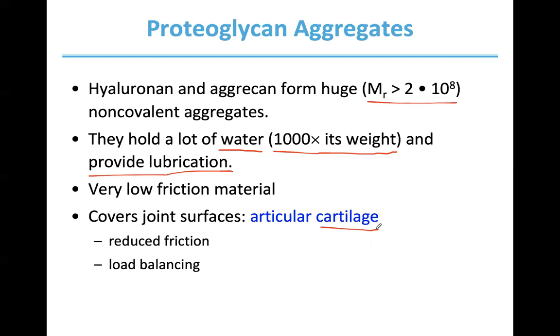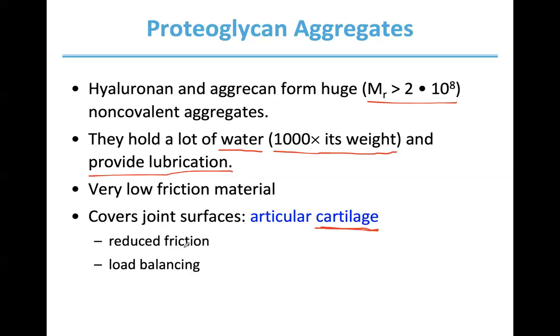Cartilage is a type of tissue designed so that bones do not rub against each other, and do not crack under physical pressure.